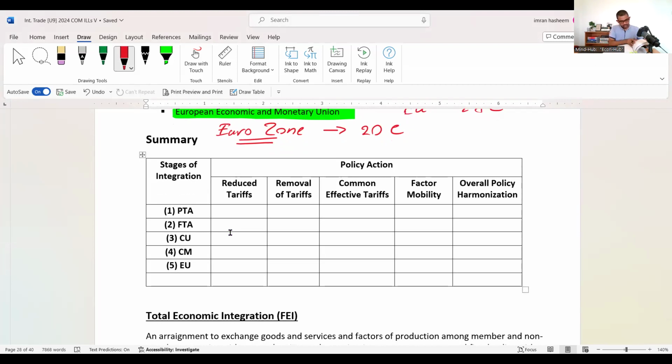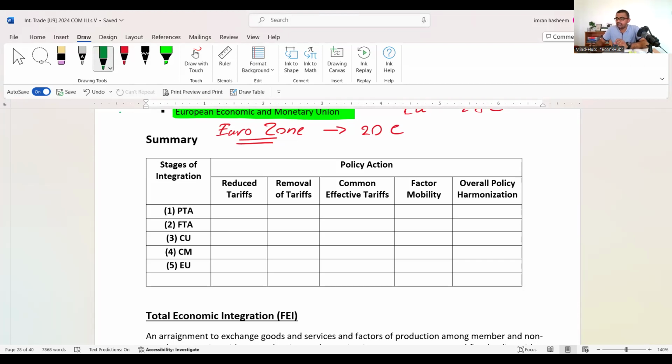As I said earlier, a bit of changes might be there in the words, but the overall concepts are the same with us. So I'll use this table, and I think we can do it with a lot of clarity.